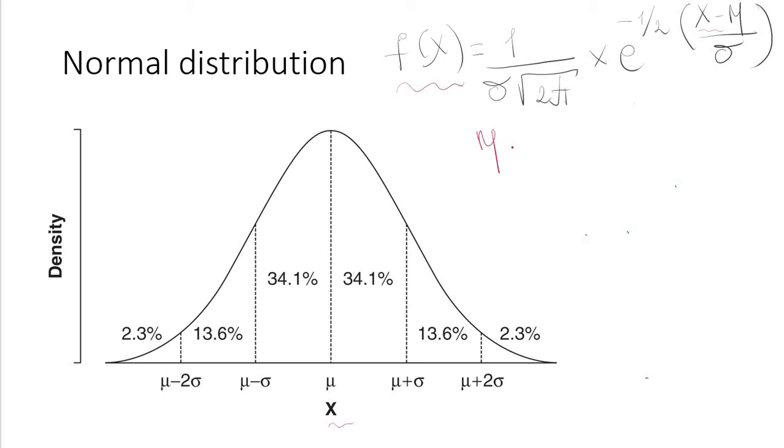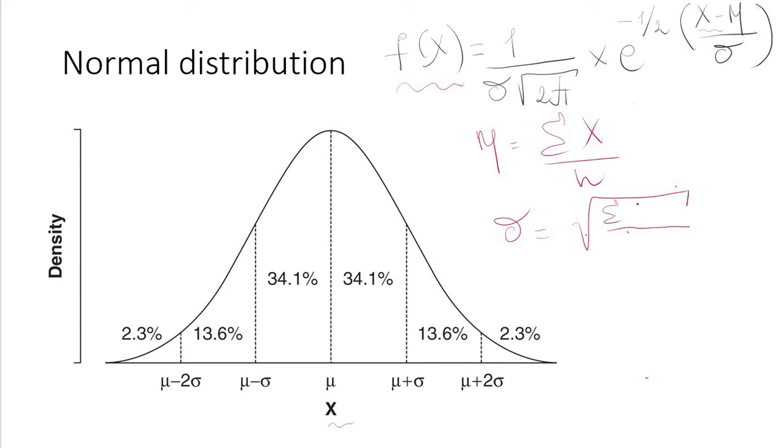So mu is simply the average value of x, so it's the sum of all the values divided by the number of observations, and sigma is another measure of dispersion similar to variance. You calculate it as the square root of this ratio.